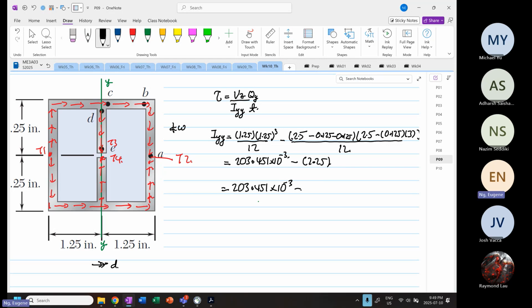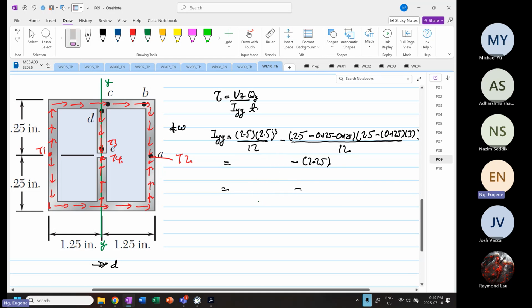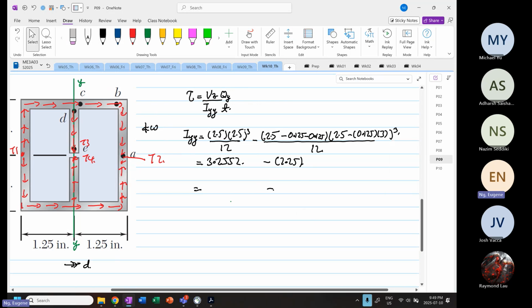Really, my bad, it's late. So 2.5 to the power 4 divided by 12, that's more like it, 3.2552. And 2.5 minus 3 times 0.125 is 2.125.